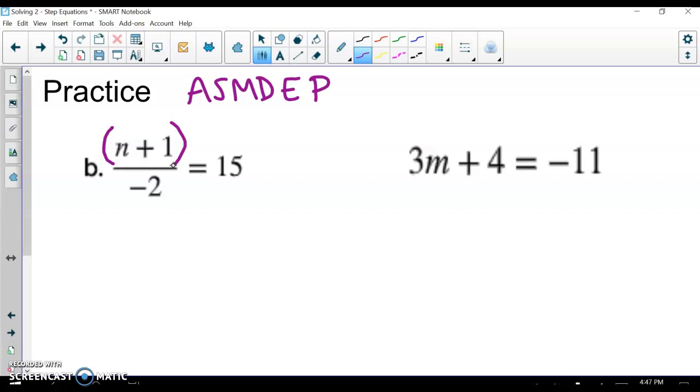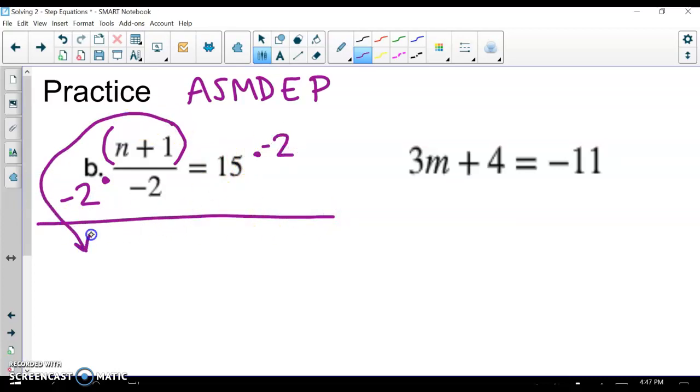But yes, so because the n plus 1 is all being divided by -2, we need to multiply by -2 first. So let's do that. We have times a -2, times a -2, which leaves us, bring this down, we have n plus 1, carry down the equal sign, and then 15 times a -2 gives us -30.